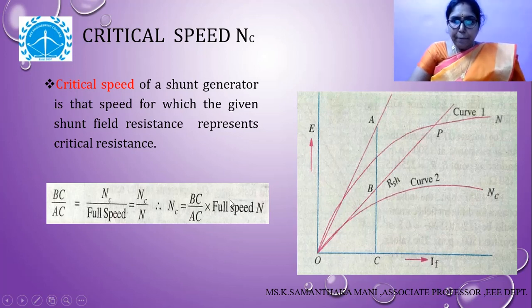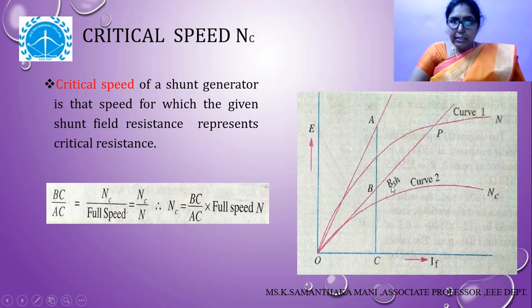If you observe, we have drawn a tangent to curve 1, namely OA, and I am dropping point A to the x-axis, which is point C here. Similarly, there will be a tangent to the second curve, OB, and dropping this point to C, we can get the corresponding voltage and the corresponding current. So here, this is your RSH value.